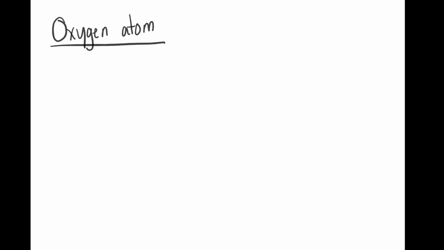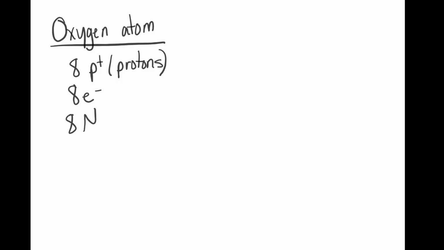So we know that the oxygen atom has 8 protons, and I'm just going to abbreviate protons with a lowercase p and a positive symbol to represent its electrical charge. We know all atoms are neutral, which means that an atom will have the same number of protons as it does electrons. So oxygen has 8 electrons. And then from the atomic weight, we can also determine that oxygen has 8 neutrons.